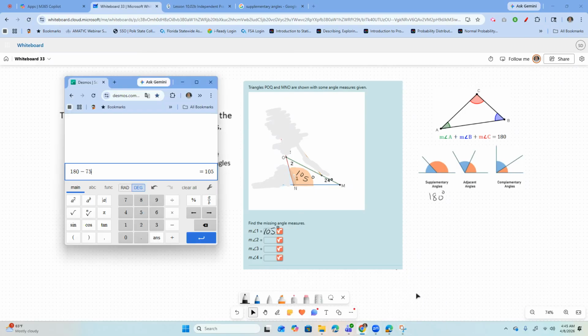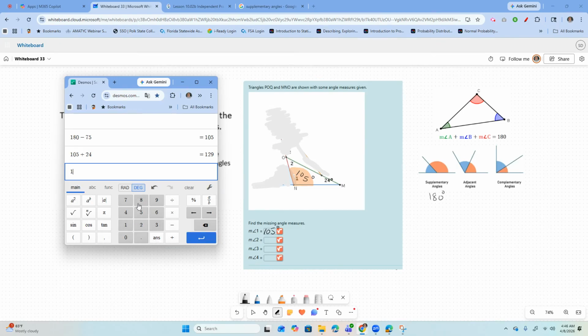So if you look, I have angle 1 that is 105. I have angle M that is 24 degrees. And between those two, I have 129. So how much more I need to add to 129 to get 180?